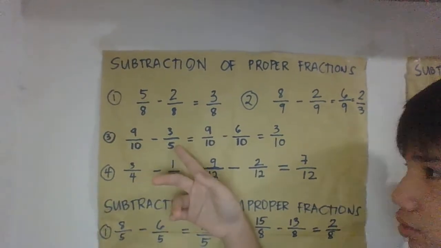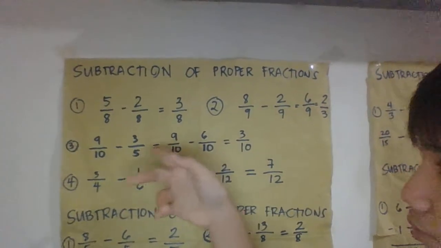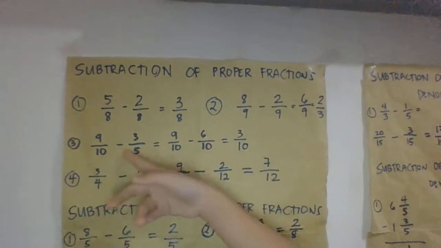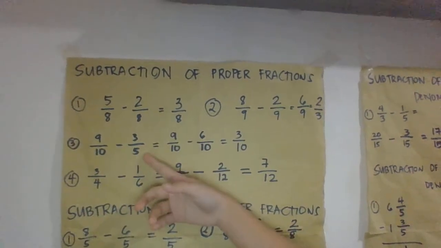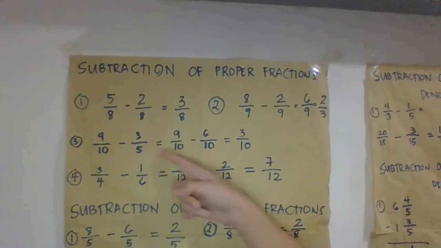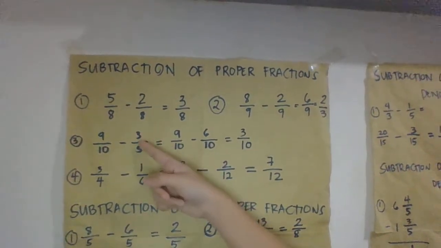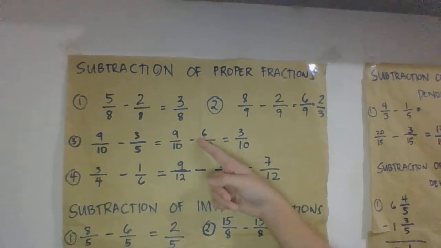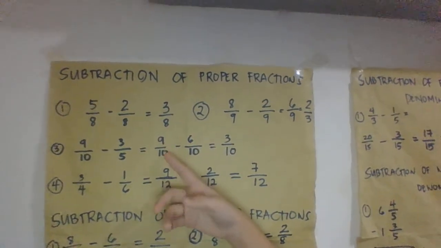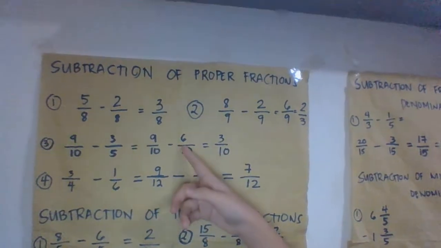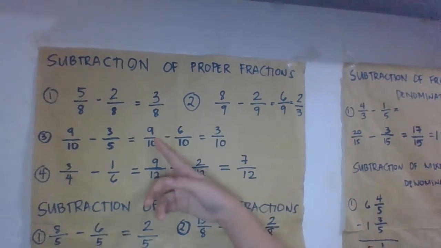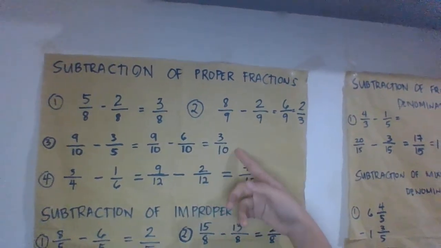Here, if we need to get the number 10, we times it by 2, so it becomes 10. So we times this also by 2 to become 6. So we can already subtract. 9 minus 6 is 3. Now we copy the 10.